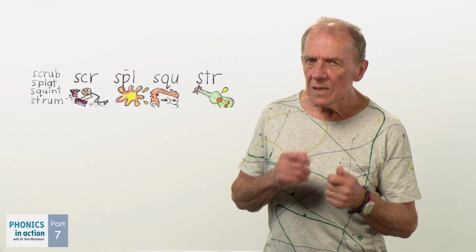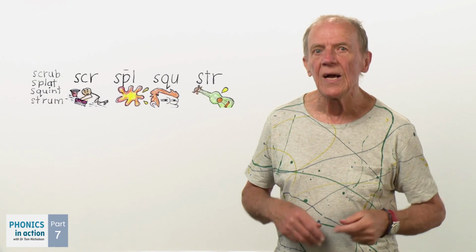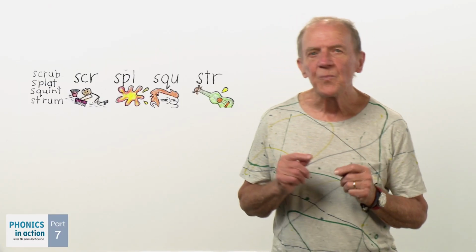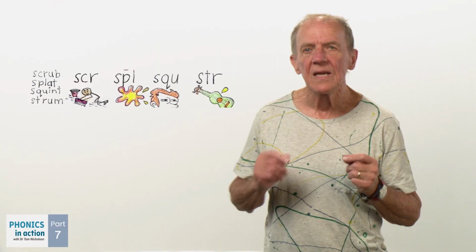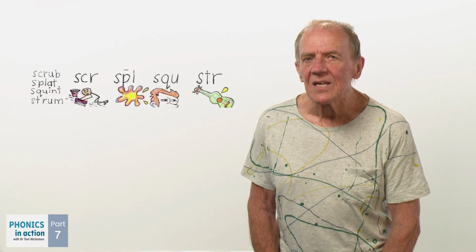Some clusters, like these ones, have 3 sounds. Spr has 3 sounds, spr. Skr has 3 sounds, skr. Spl has 3 sounds, spl. Squ has 3 sounds, skw.